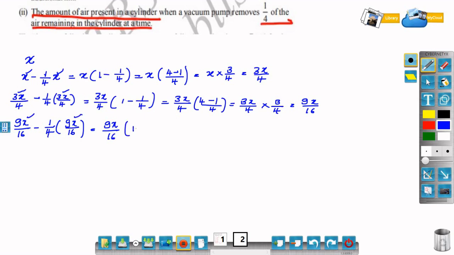So remaining is 1 minus 1 by 4, that is 9x by 16 into (4 minus 1) by 4, 9x by 16 into 3 by 4, that is 27x by 64.